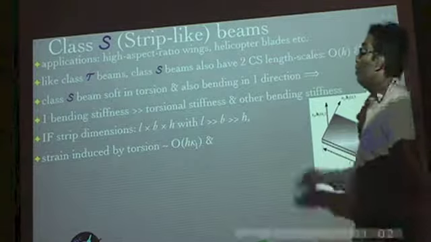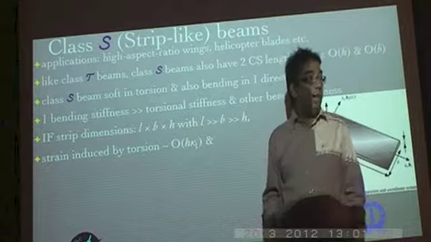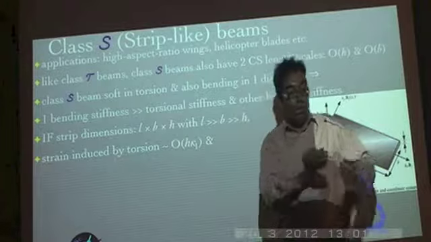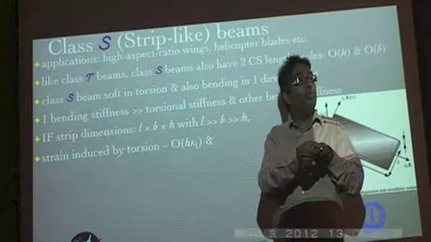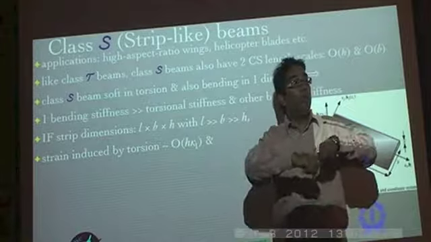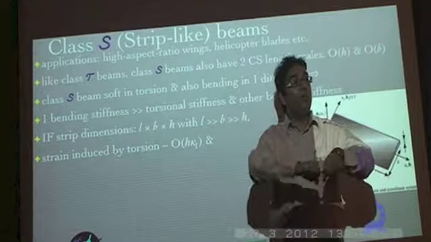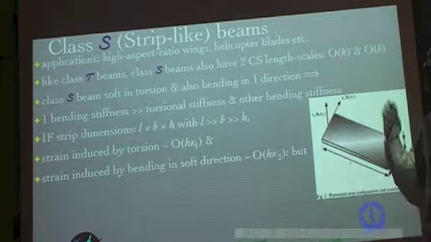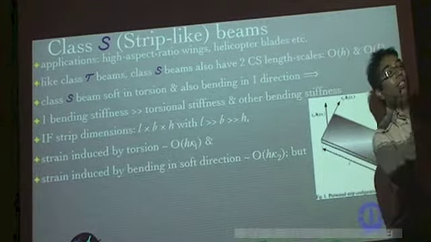So the strain induced by torsion, going by the same argument that we had for the T-class beams, the shear flow has to turn around this particular strip, and therefore the moment arm, the distance it has, is basically h. So h times kappa 1 is basically the order of the strain induced by applying a torque to a strip. And the strain induced by bending in the soft direction is once again h times kappa 2.